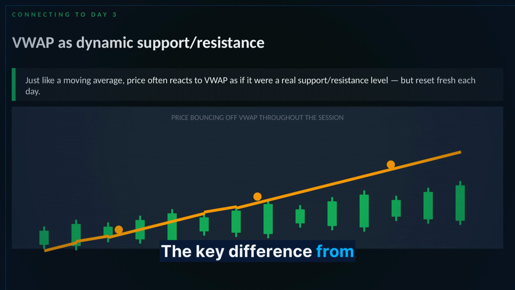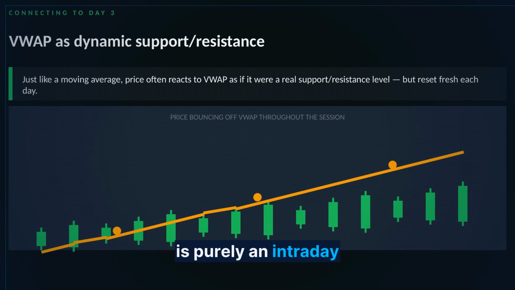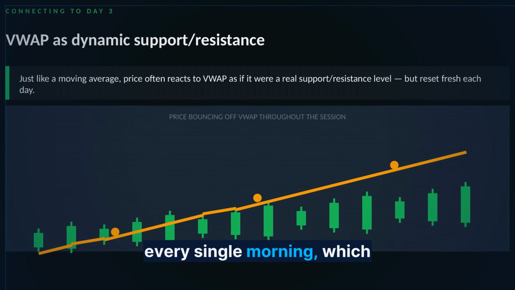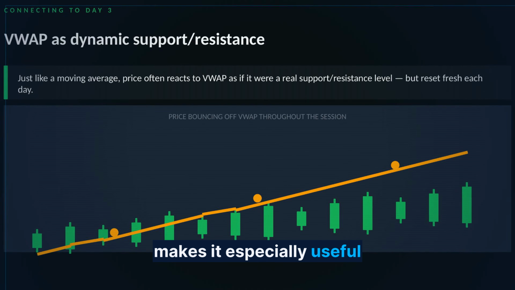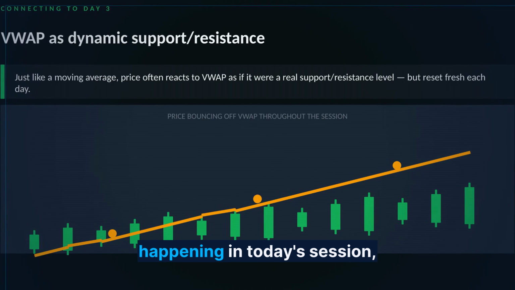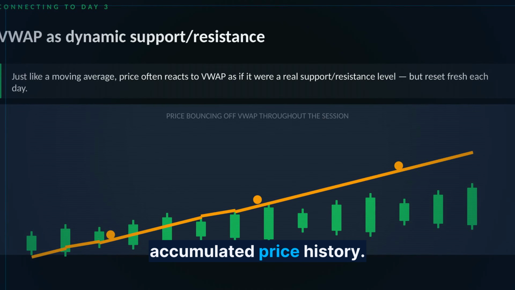The key difference from day 8 is the time horizon. This is purely an intraday phenomenon, resetting completely fresh every single morning, which makes it especially useful for day traders who care primarily about what's happening in today's session, not 3 weeks of accumulated price history.